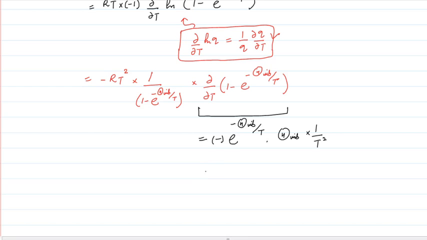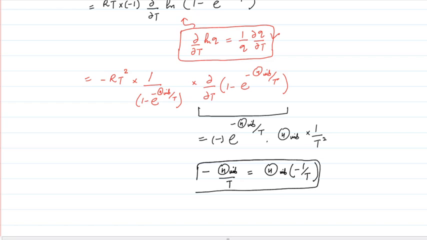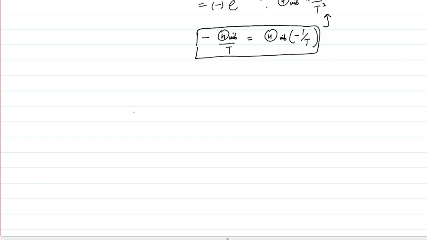We can write minus theta vibration upon t equal to theta vibration into 1 minus divided by t. Okay, so this is simply, we will use this also here in this relation. So our relation will now become the total relation.